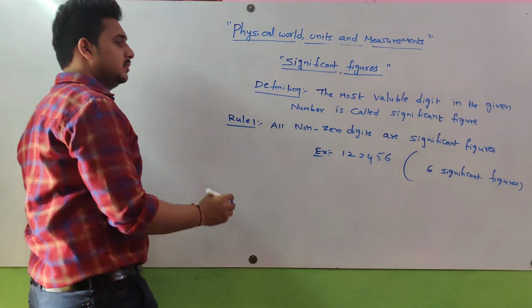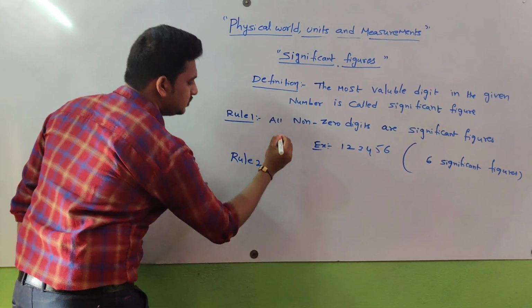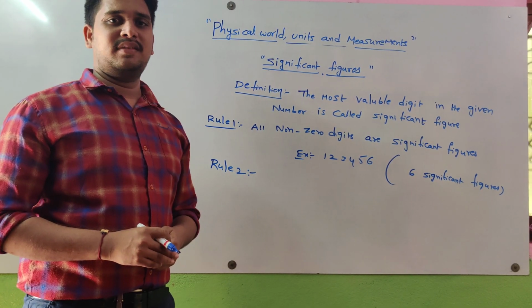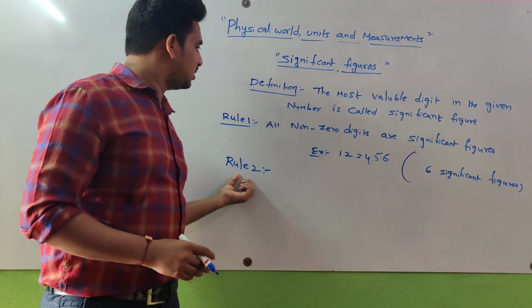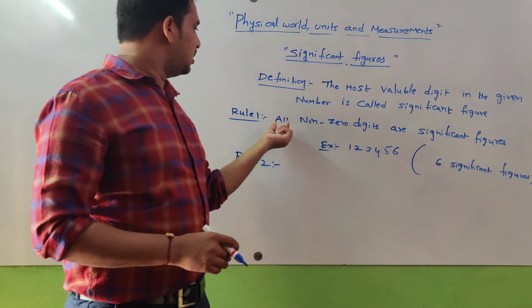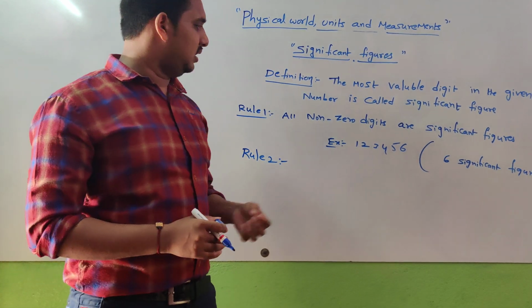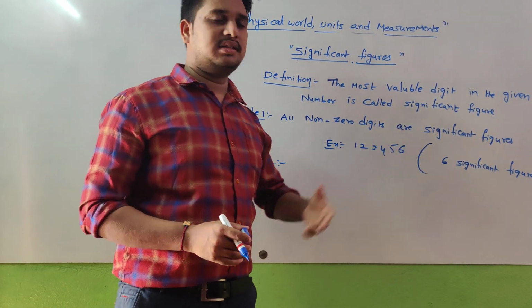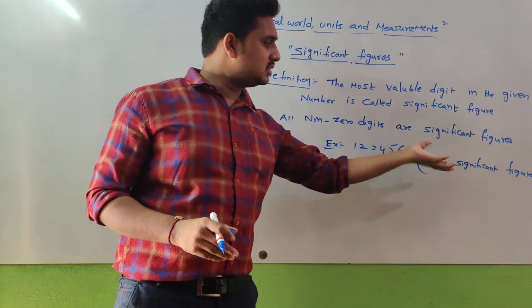Next, rule 2. Already we discussed rule 1: all non-zero digits are significant figures. Here 1, 2, 3, 4, 5, 6, there are no zeros, that's why the total number of significant figures is 6.